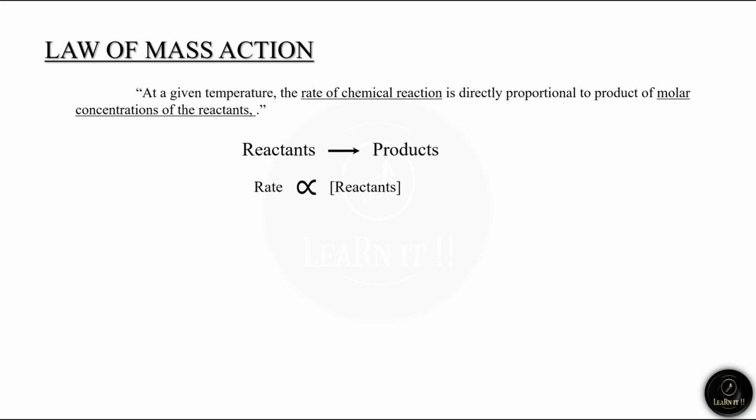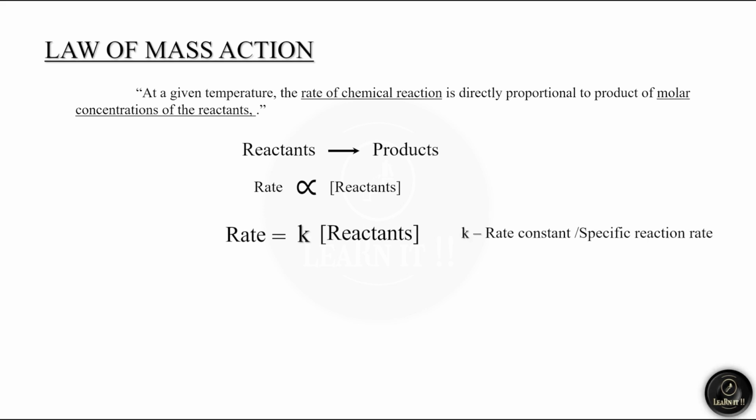Here, square bracket indicates the concentration. When we remove the proportionality sign, then rate is equal to K into concentration of reactants. Here, K is the rate constant or specific reaction rate.